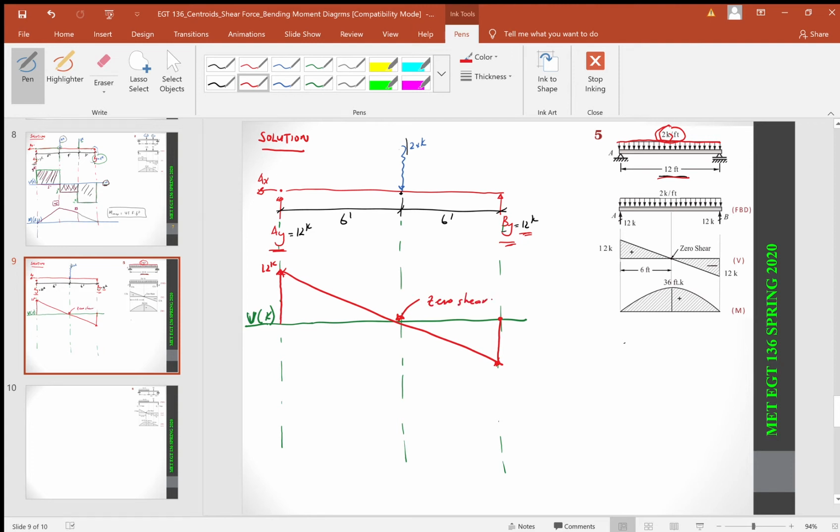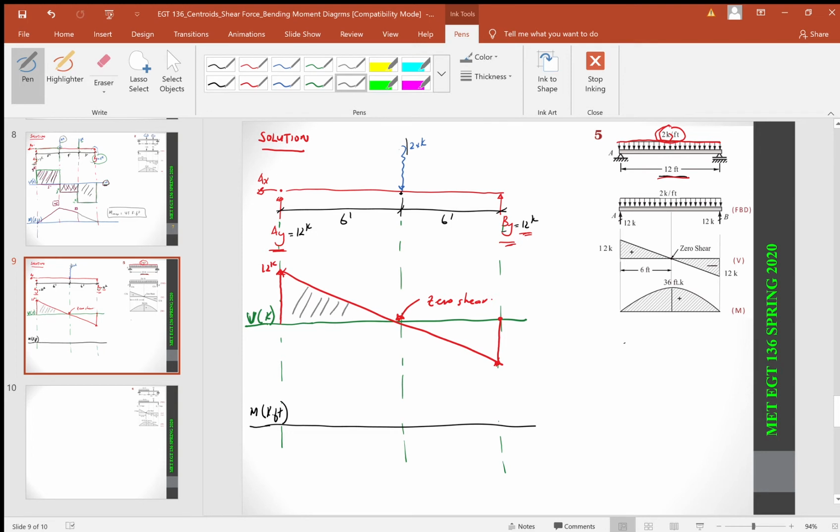Okay. Now that you've done that, we want to go to our moment, which has units of kip-feet. Again, when you want to find your moment, you have to look at your shear force diagram, look at the geometric shape, and take the area under this curve.